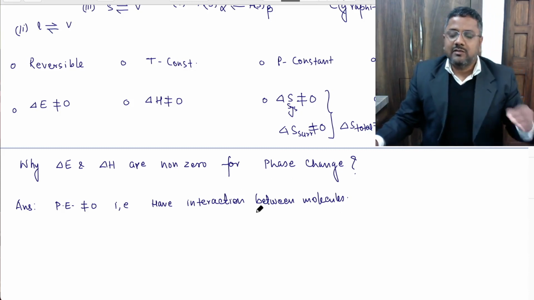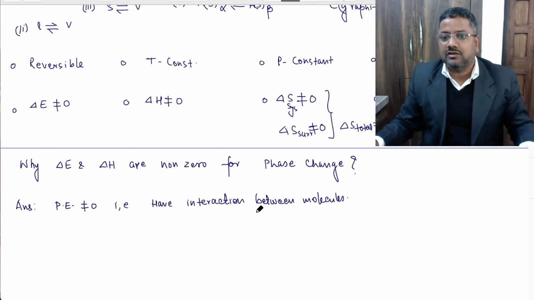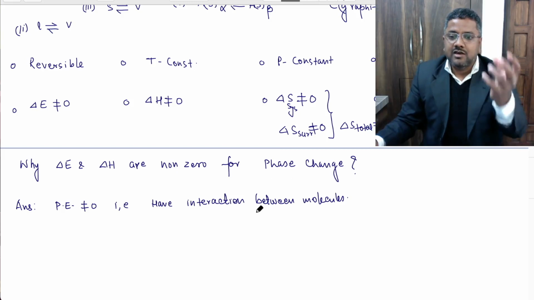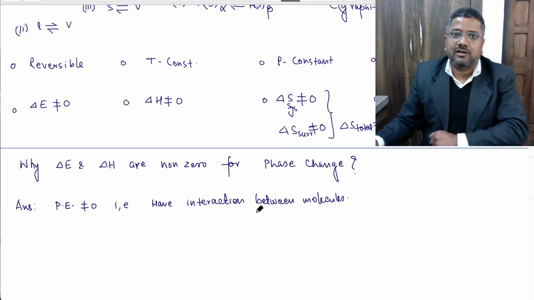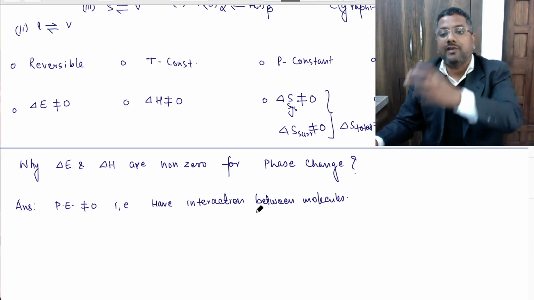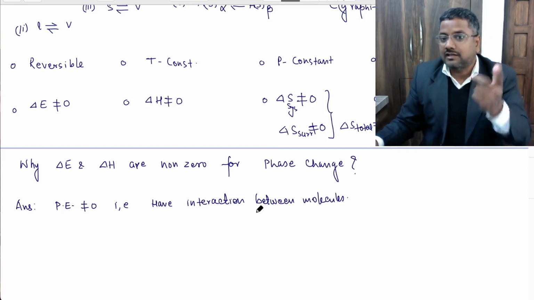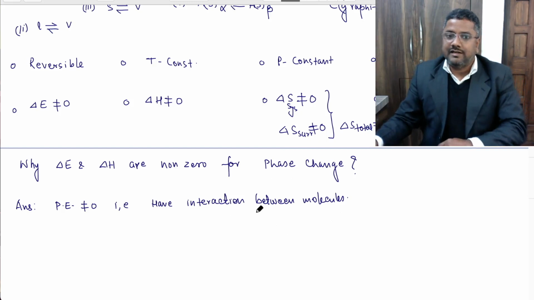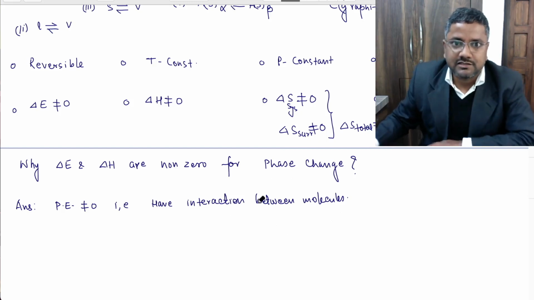Similarly, for chemical reactions, delta E and delta H are non-zero even if temperature is constant, because one type of molecule is converted into another type, so the total degrees of freedom change.